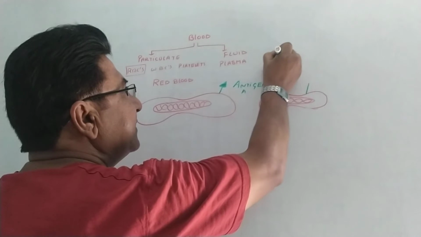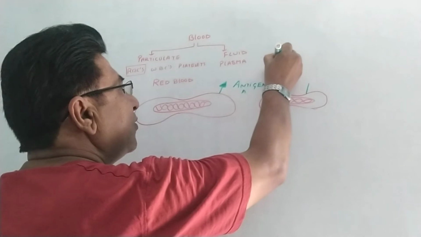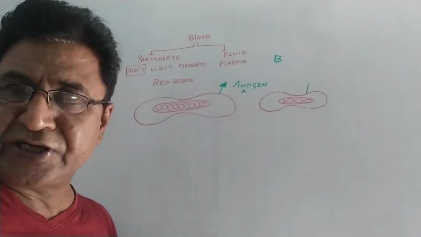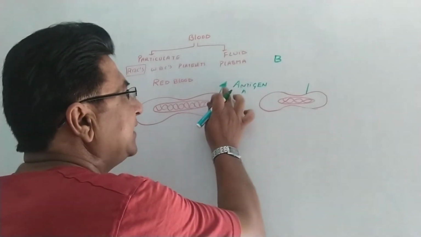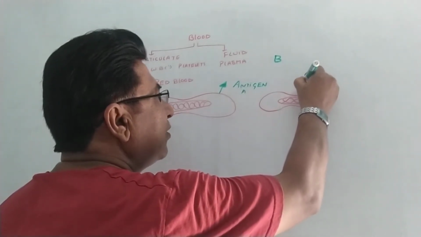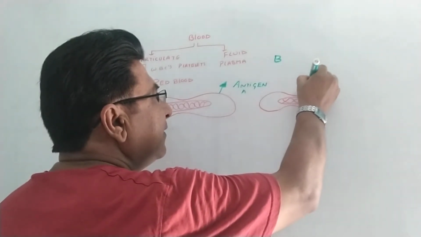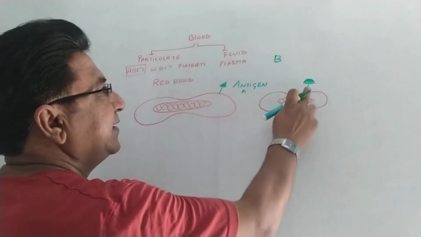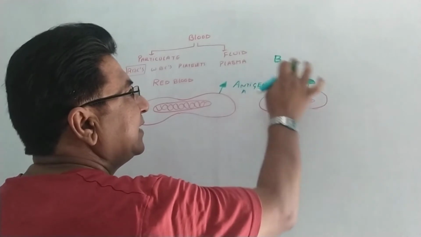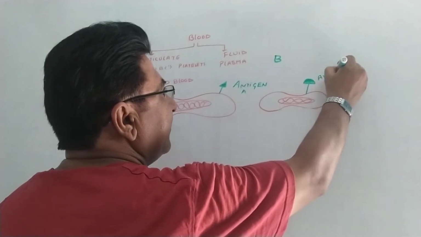We write B like this, circular on both sides. So one has an A-shaped triangle and the other has a dome shape, one bulge of B. So if there is a triangle, it is antigen A. If there is a B-like bulge structure, it is antigen B.